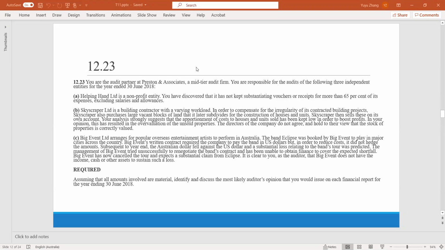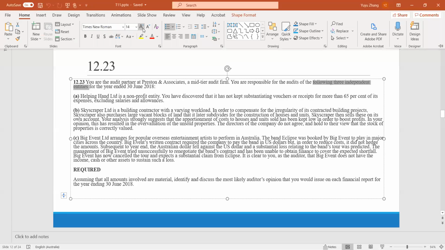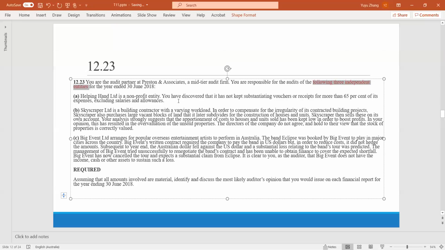When we read this question, basically there are three different situations. Usually in the question, they have identified those three situations are independent. That means you are going to analyze each of the situations one by one, with no interaction across them. So how could we do the analysis regarding the audit opinion?